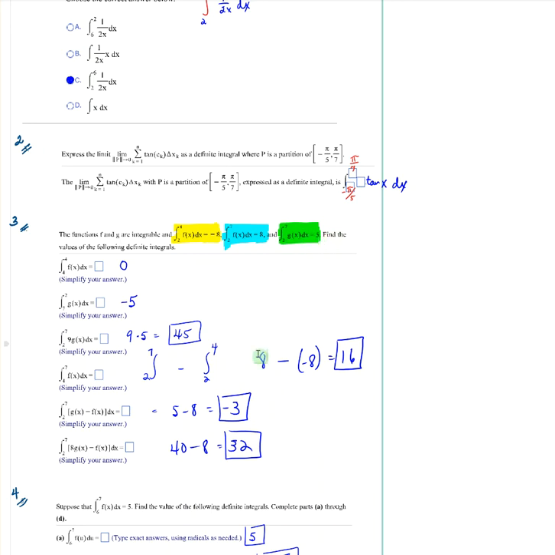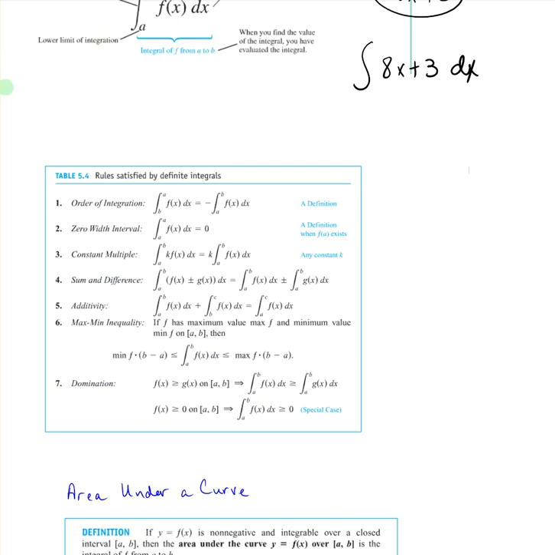So what are we going to do? As we look here, what we're given is from 2 to 7. This one says from 7 to 2. And so we were equal to 5 here. Let's go look at our lecture notes. And the rule, let's see, here it is, order of integration.